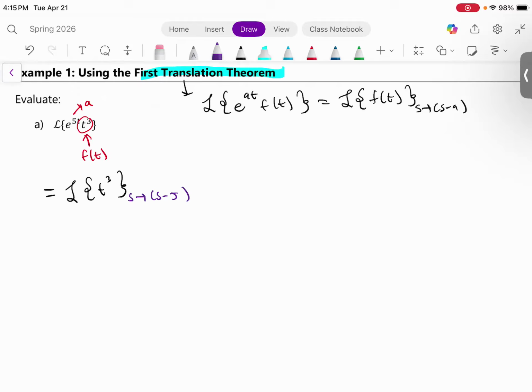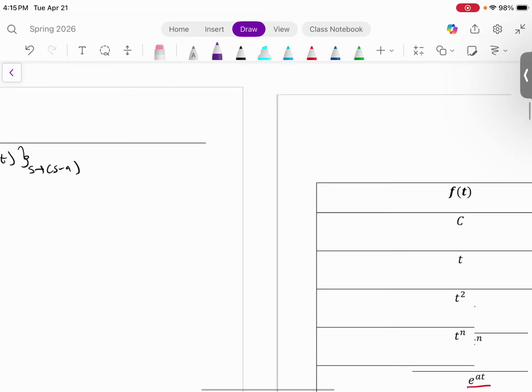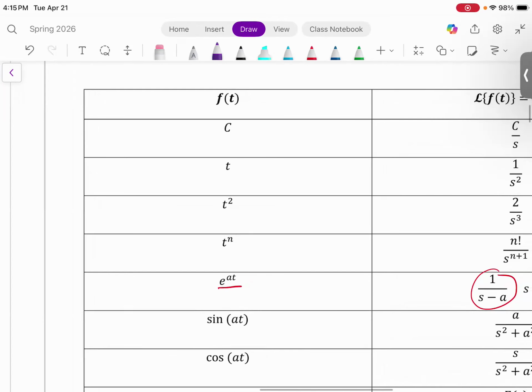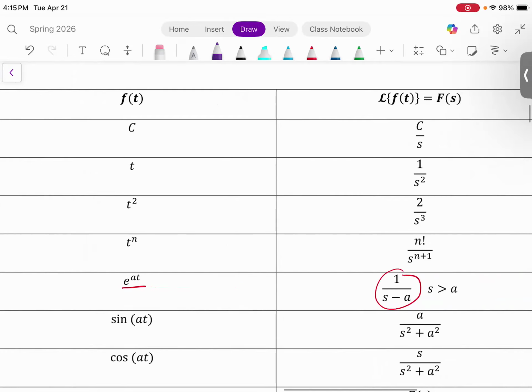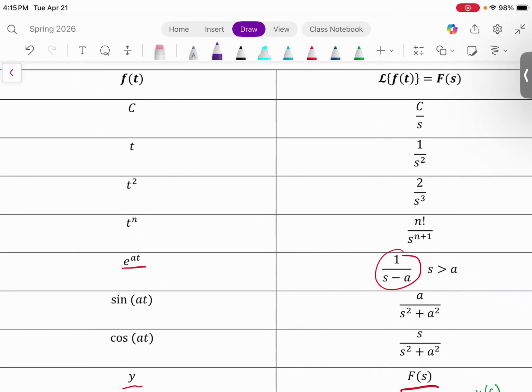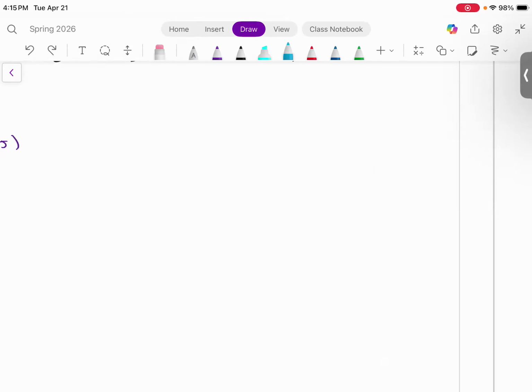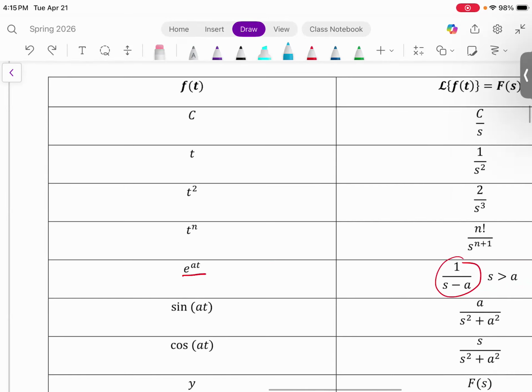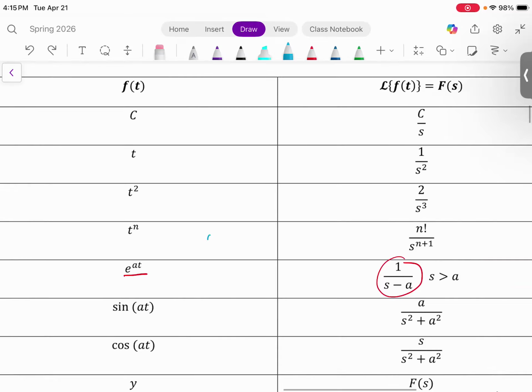Okay, so what is the Laplace of t cubed? So I have our basic Laplace transforms here. This would fit into the t to the n category. So t cubed, well, what would that be? That would be 3 factorial over s to the 3 plus 1, so 4.